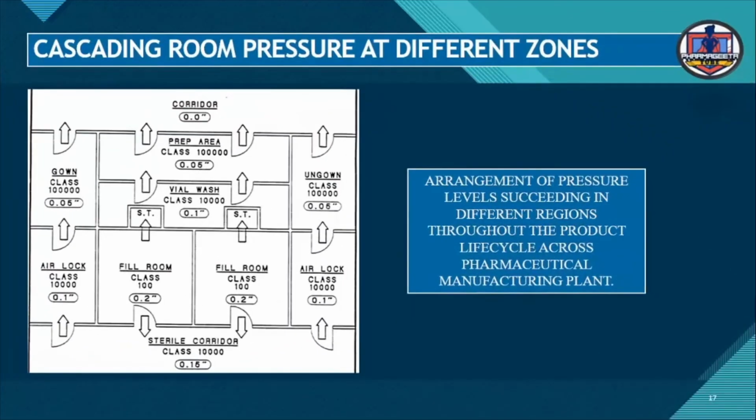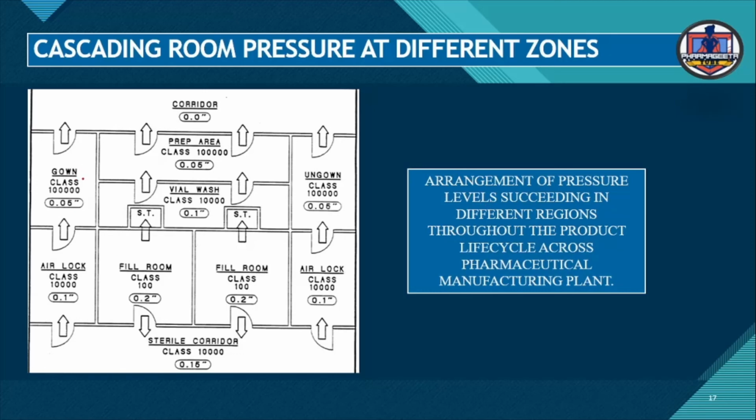This is the last slide we are discussing now, cascading room pressure at different zones. With the help of the diagram you may understand the arrangement of pressure levels in different regions throughout the product life cycle across a pharmaceutical manufacturing plant. Cascading means the flow of the pressure regions.